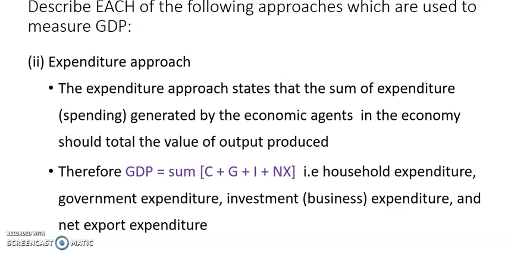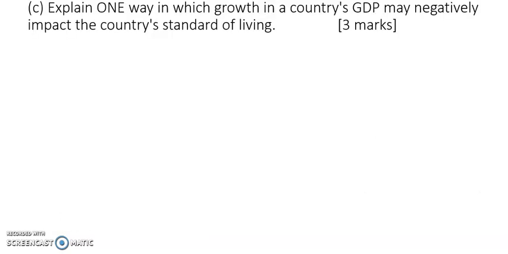Well, we all know the expenditure function. GDP is equal to the sum of C plus G plus I plus NX, which is basically household expenditure, government expenditure, investment expenditure, and net export expenditure. So there you have it, part 2 of that question.